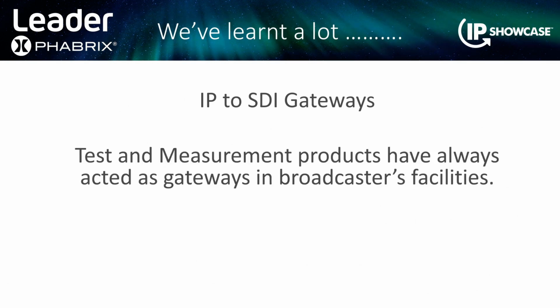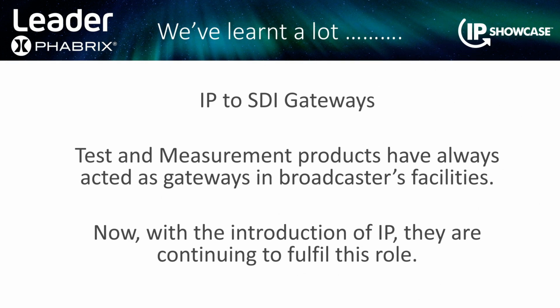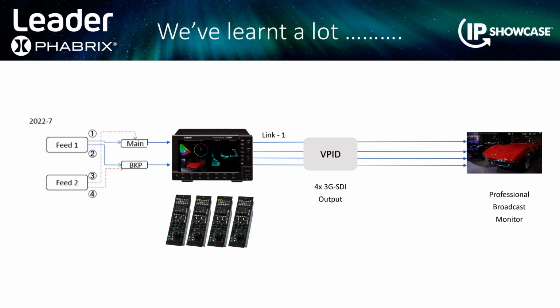And test and measurement products have always traditionally been used as gateway products. And now with the introduction of IP, they're continuing to fulfill this role. So here we have an example of a -7 network with a primary and backup. It's coming into a waveform monitor.